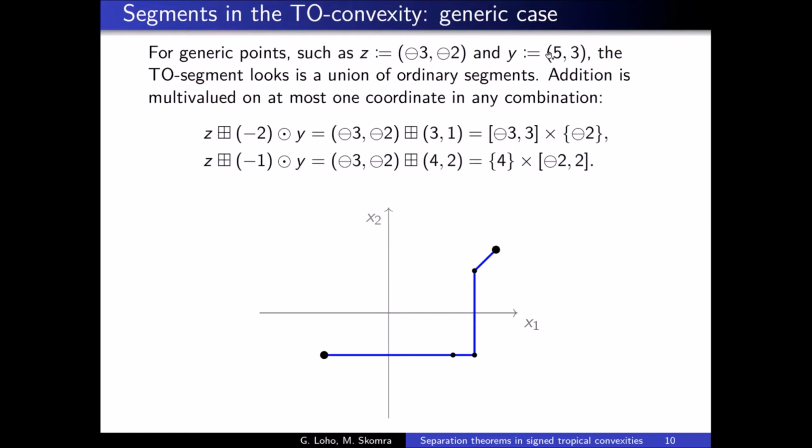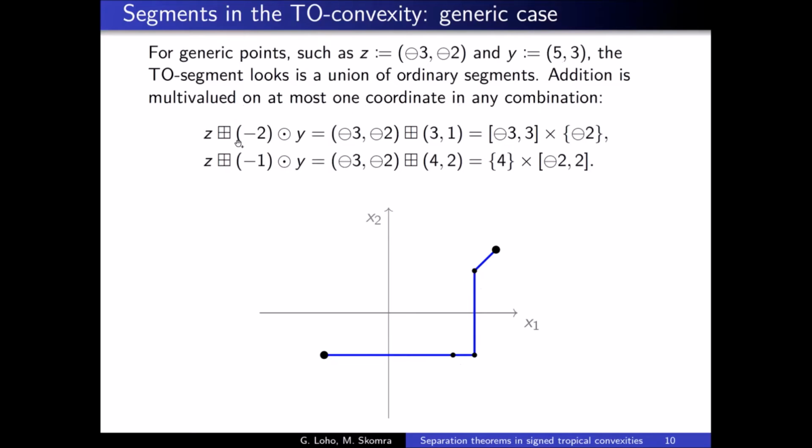So if you take these points at random, then what you would obtain is that the segment between those 2 points is actually a union of ordinary segments as in this picture. And also what you will observe is that in this case, the addition is multi-valued, but it is multi-valued on at most one coordinate at a time.